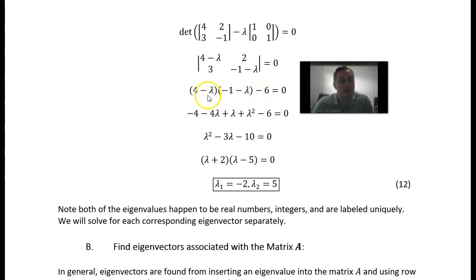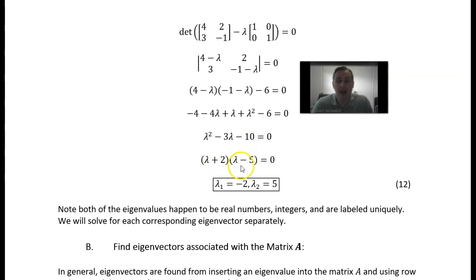When we FOIL, that is, multiply out these binomials, we have negative 4 minus 4 lambda plus lambda squared. And we should get lambda squared minus 3 lambda minus 10 when we formulate this as a quadratic.